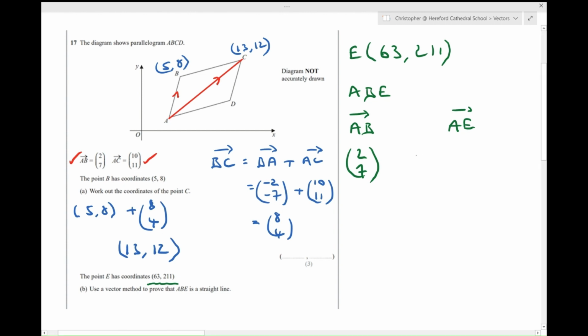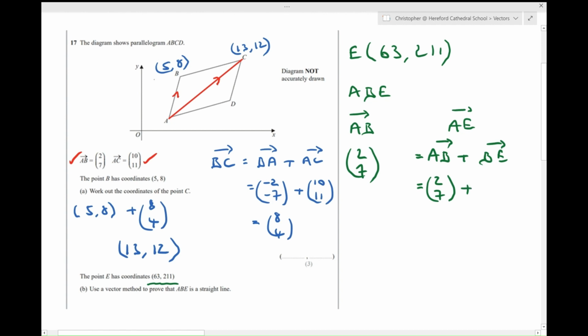Now AE, if I want to go to AE, then what I'll do is I'll go to AB, and then I'll go from B to E. I know AB already, AB is (2, 7). Now what about the vector from B to E?